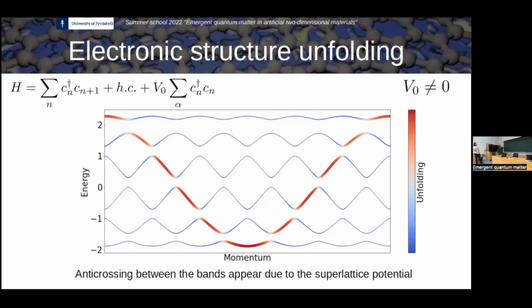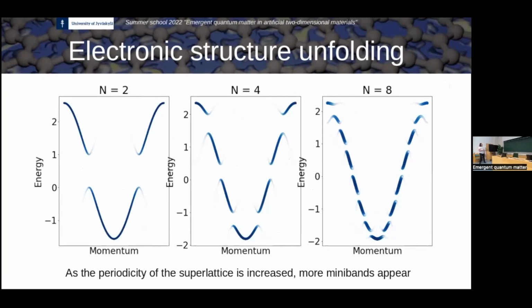So you can see that when you have a superpotential for an electronic structure, you essentially open gaps in your original electronic structure, and in particular, you start creating new band tops and band bottoms. And of course, this is something that you can do systematically. So you can now take different, let's say, superlattices and see how your electronic structure gets modified according to the lattice constant of your superlattice, or even in terms of twisted van der Waals materials, in terms of the twisting angle between two-dimensional van der Waals materials.